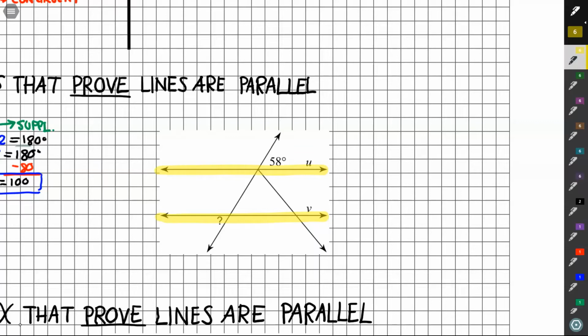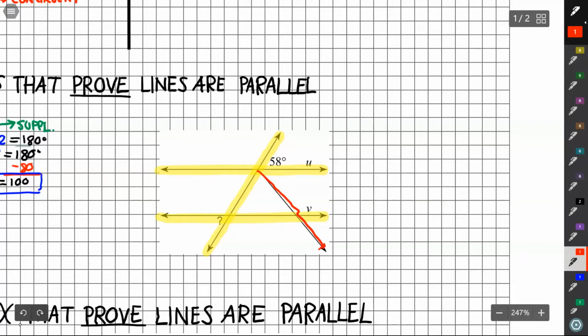So when we have more than one line that can be a transversal, we want to look to see where our angles form and with which lines. So if we look, we see that this 58 is formed with line U and this line right here that I'm putting in yellow. The other line here is not relevant, so we're going to ignore it. I'm going to put it in red and we're not going to take it into consideration at all.